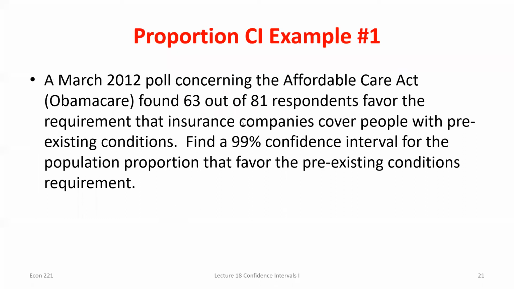So let's say we have this example where I get 81 people surveyed, and 63 out of the 81 say they favor covering pre-existing conditions. This was a poll done, okay? If I want to find a 99% confidence interval for the true proportion of people that support this, how could I do that?